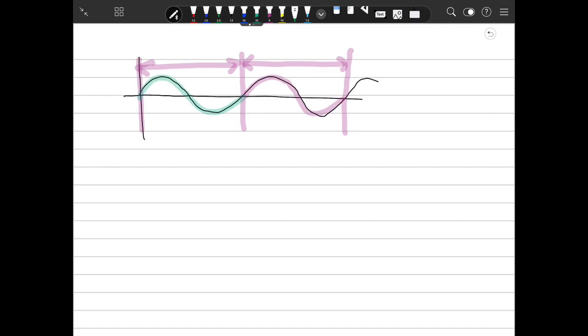Then we call this a periodic function. Then this pattern is repeated. This time length of one pattern we call the period. In Korean, it's 주기.